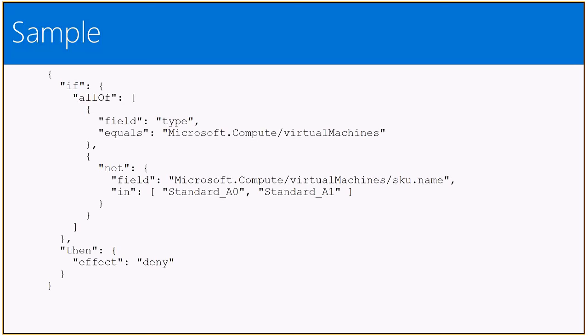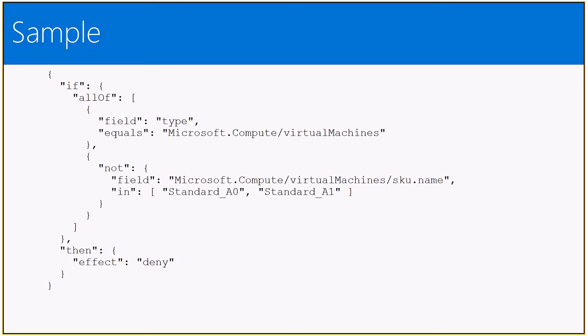Audit means it will still allow the request, but it will issue a special audit event in the audit logs. I'll do a demo of this later. This shows you how you can enforce policies, and you can use a similar structure to enforce all the scenarios I mentioned in the previous slide.